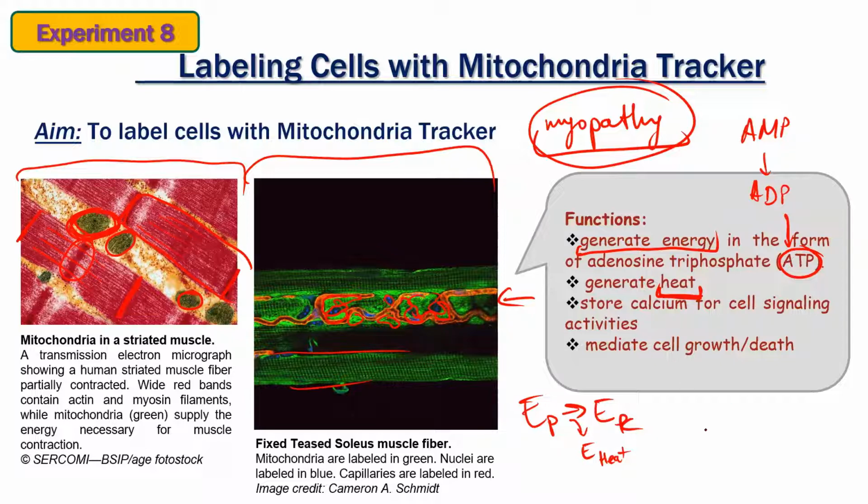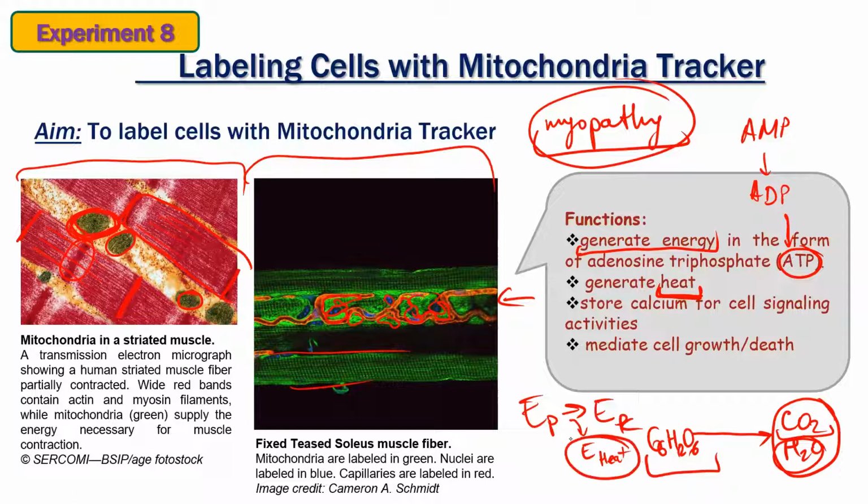So we have gradual degradation of sugar products into CO2 and H2O. So let's say we have C6H12O6. We had this sugar here, and we want to degrade it to CO2 and water molecules. Of course, it includes lots of steps, and on every single step we have loss of energy as heat. So they produce heat.